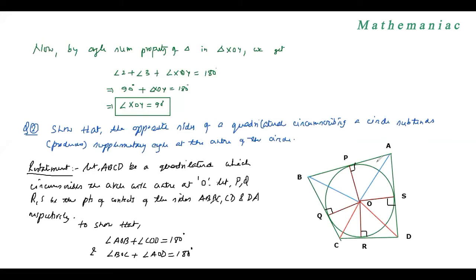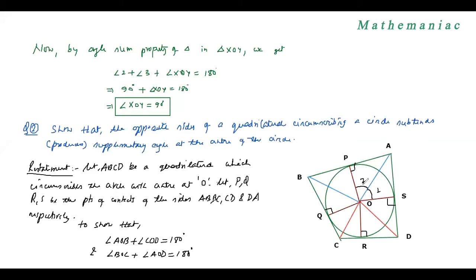We'll now mark some angles here. See, we are going to mark this angle. Just see it. Angle 1 will be equal to angle 2. Why? I'm going to use that theorem directly: this is the line segment joining the center to the point of contact, so it bisects the angle between the radii to the points of contact.